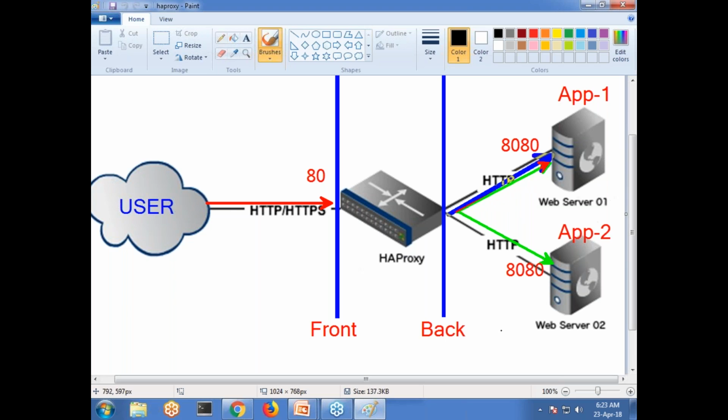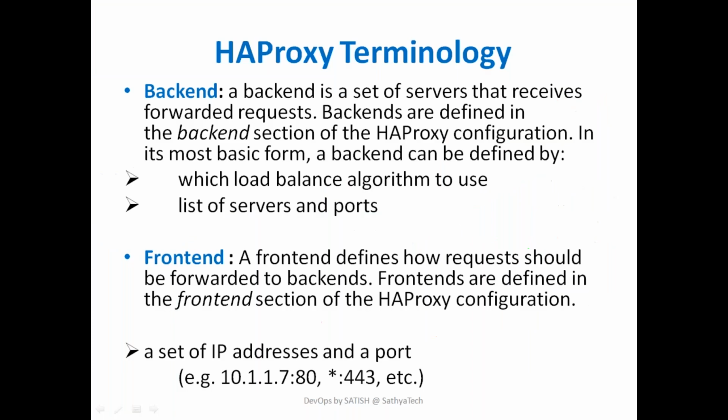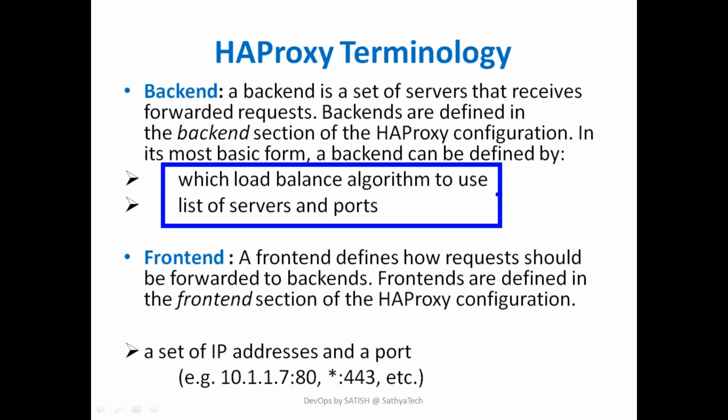The first request goes to the first server, the next request goes to the other server, right? Like this, requests will be distributed to the backend servers. But least count is not like this. Least count will check which server contains the least number of connections. So the backend contains which load balance algorithm to use, and a list of servers and ports.